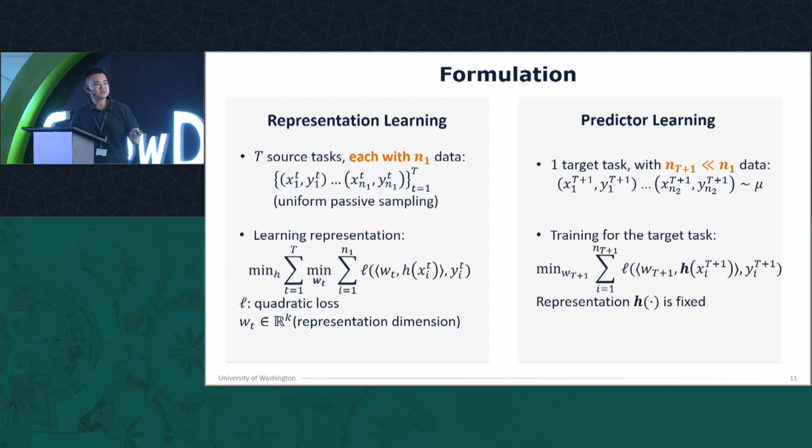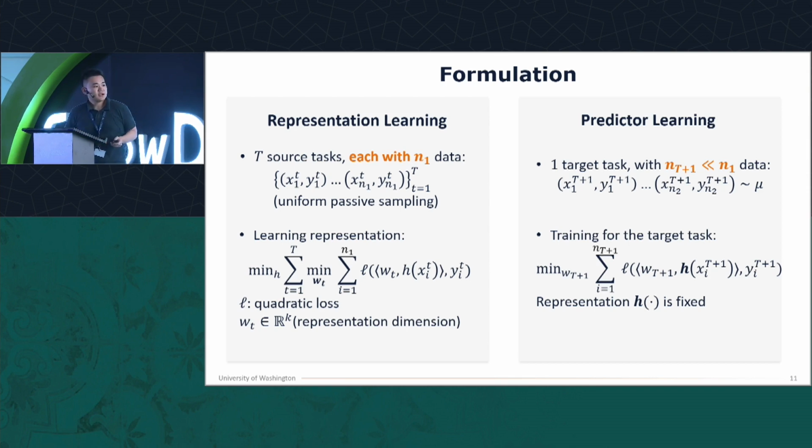Sorry, this N2 should be N_{T+1}. These are sampled from some distribution, and what we do is learn this W_{T+1}. We fix the representation learned from the previous source tasks, and we just learn this last linear layer. This is a convex optimization problem, a linear predictor learning problem, so it's easy to solve. This is the formal setting we're going to analyze.